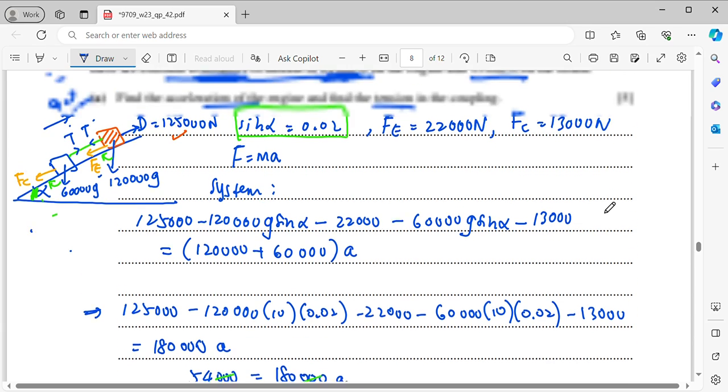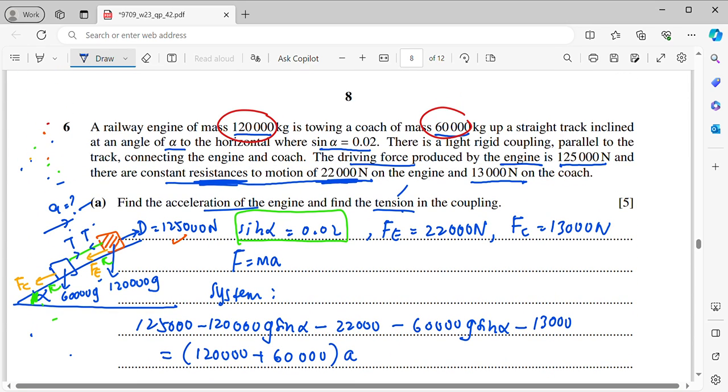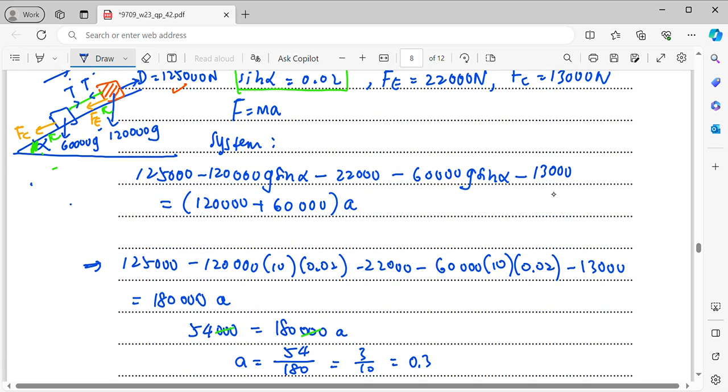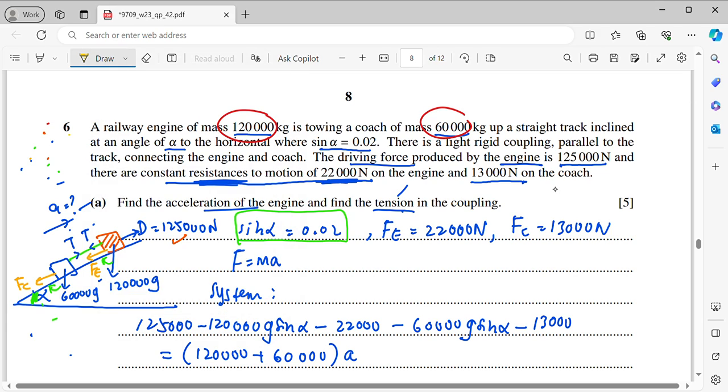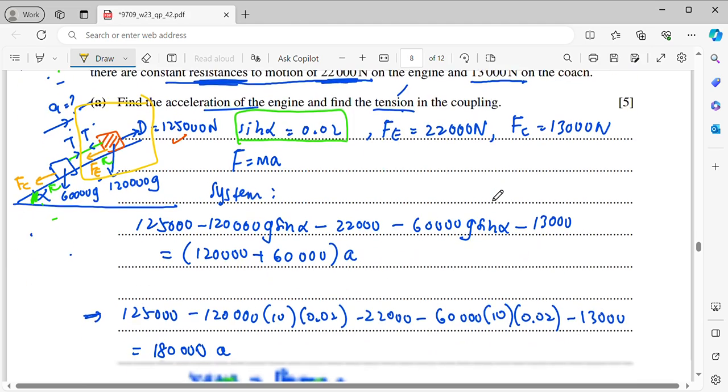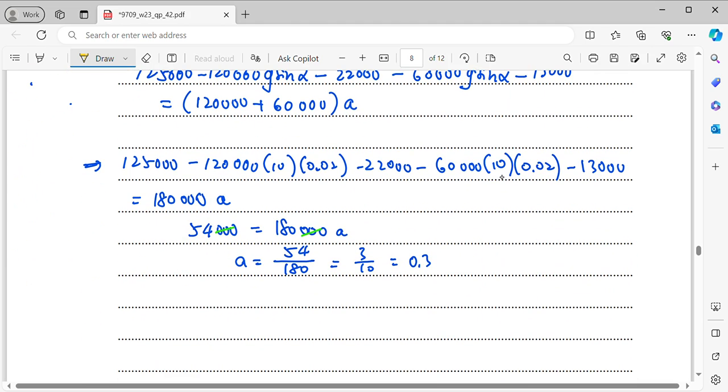Okay. Now, to find the tension, you have to refer to either the engine or the coach. So I will just consider the engine, which means I will consider this part. Alright, so now you can consider the coach as well. So when I consider engine, again F equals to MA.